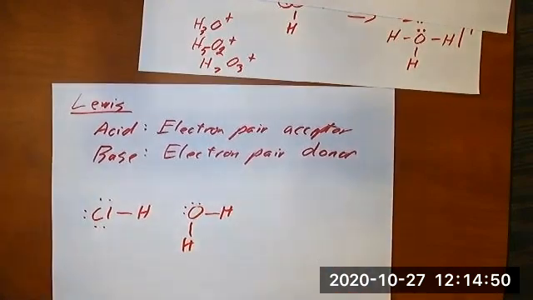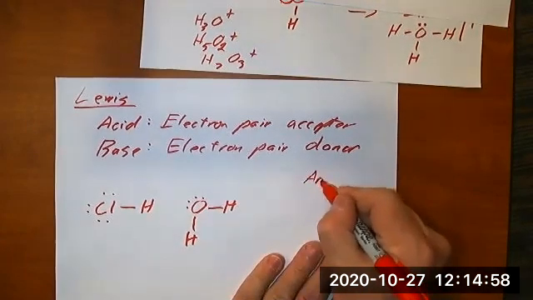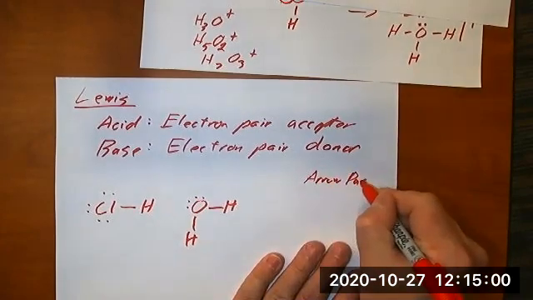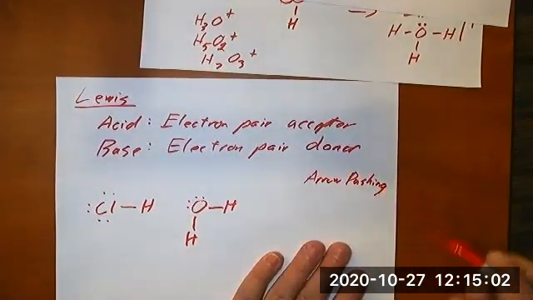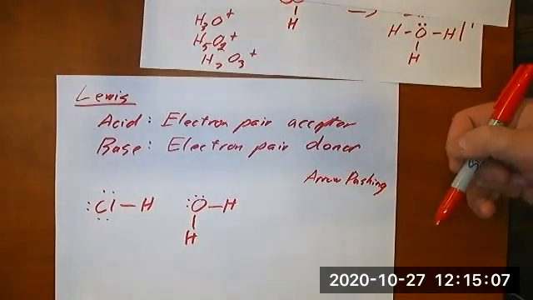And I'm going to introduce to you an organic chemistry type of notation here, which is known as arrow pushing. The way arrow pushing works is that an arrow that you draw describes the movement of electrons.